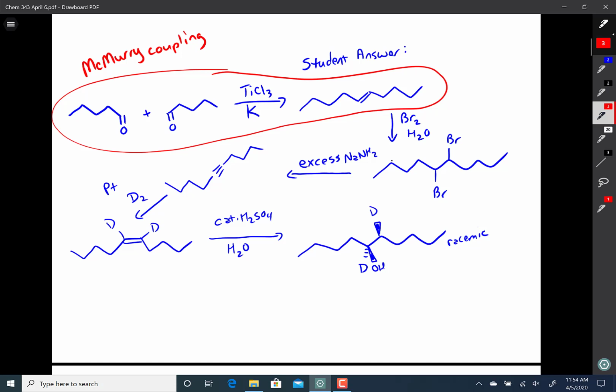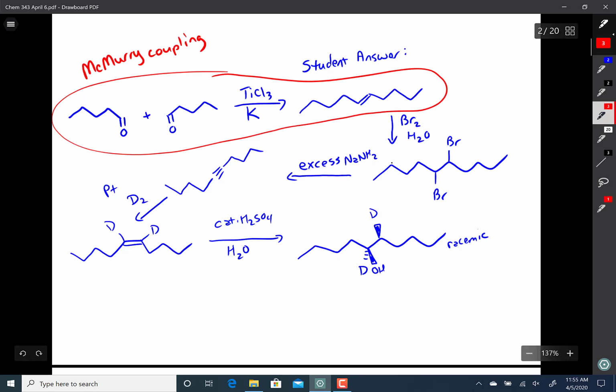But this reaction works just fine, so we'll accept it. So that's not a problem. It's a very dangerous reaction, though. So please be careful if you ever do a McMurry coupling. They're not done that often anymore, but it's something to be very careful of. So this part is fine.